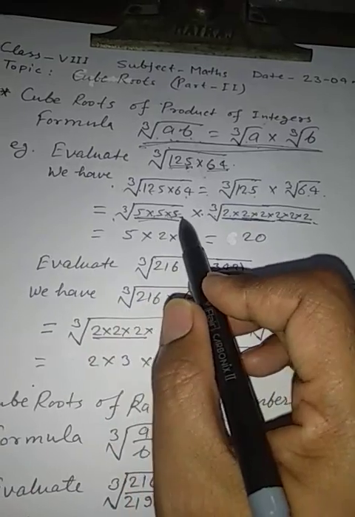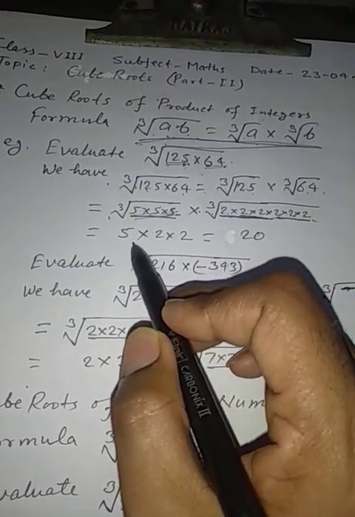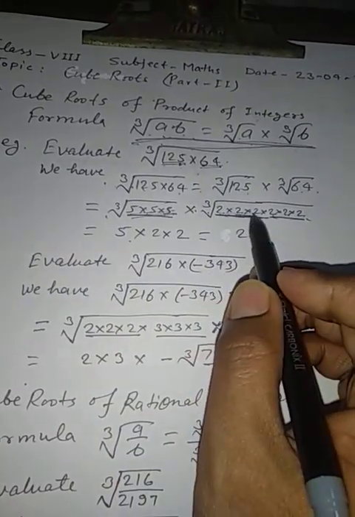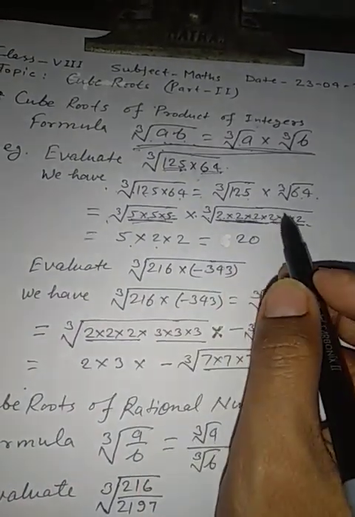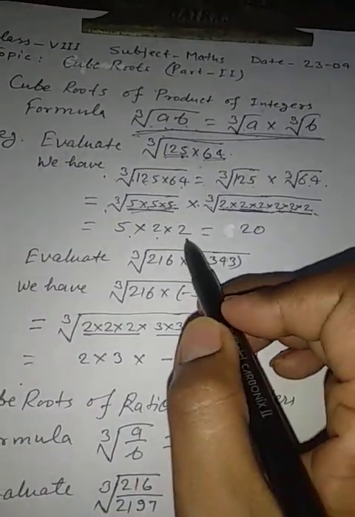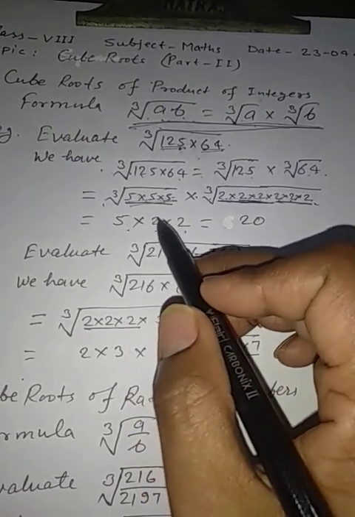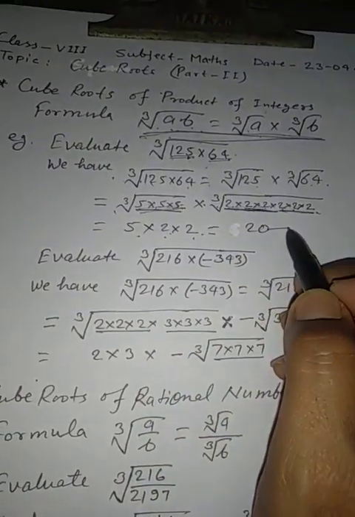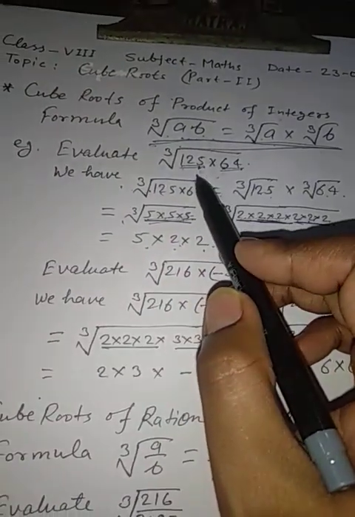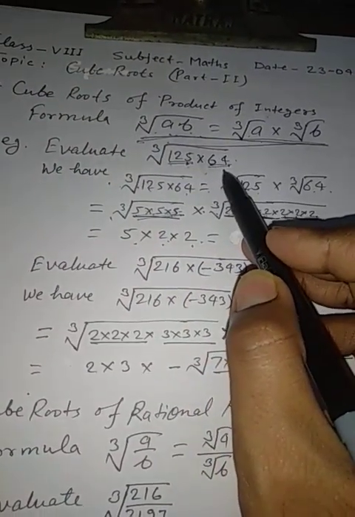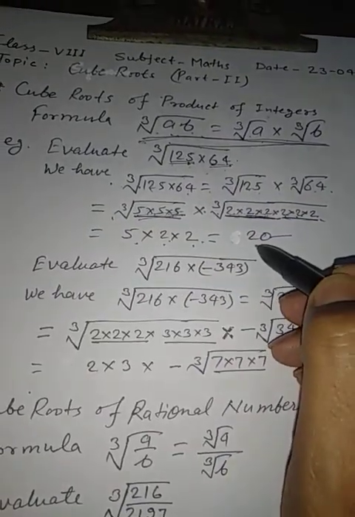For the triplet of 5, I take 5. For the triplet of 2, I take 2, and for the next triplet, I take another 2. So it will be 5 into 2 into 2, which is 20. It means cube root of 125 into 64 is 20.